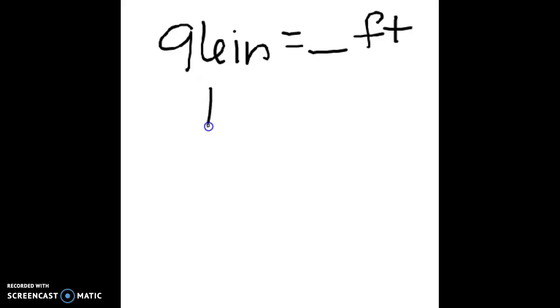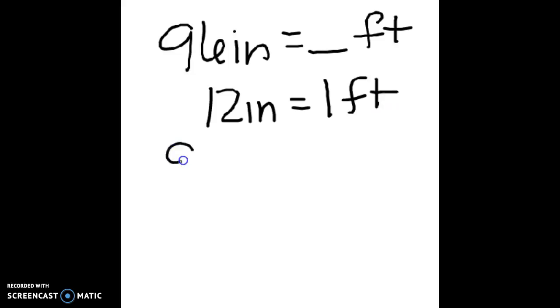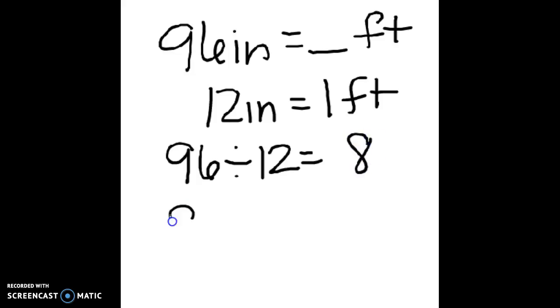There are 12 inches in 1 foot. So if I take 96 and divide it by 12, I get the answer of 8. So there are 96 inches in 8 feet.